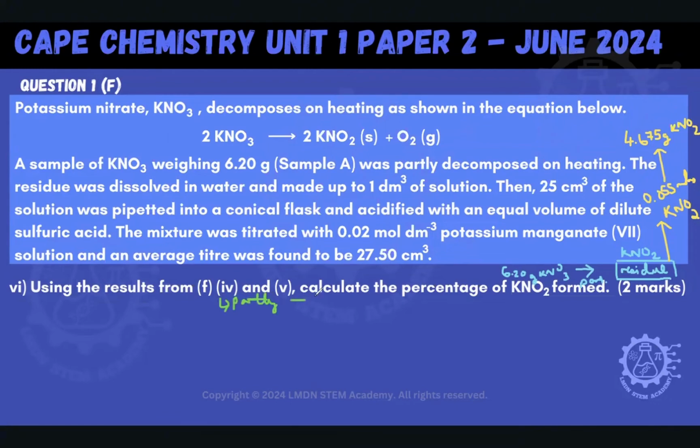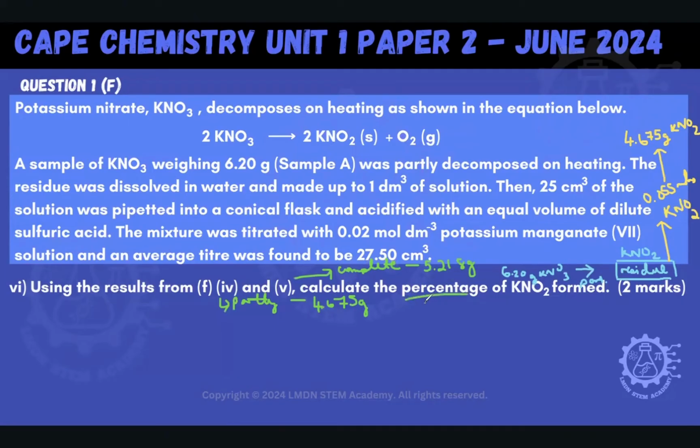If it's partly decomposed, we had gotten a mass of 4.675 grams. And when we had the complete decomposition that we just did in part 5, we had gotten a mass of 5.218 grams. So this is the complete case and this is the partial case.